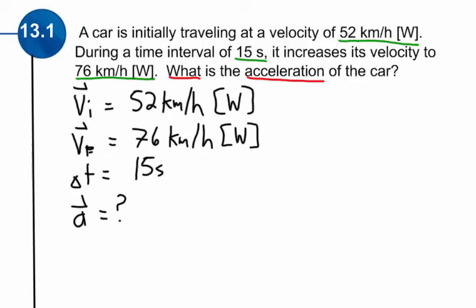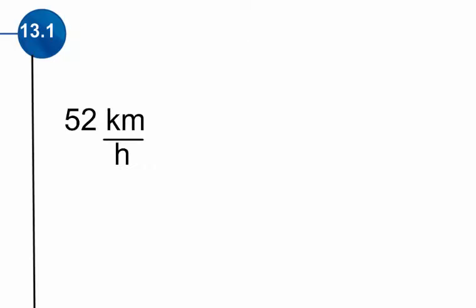Now, before we can move forward, we have to look at our units, because our velocity is in hours and our time is in seconds, and we don't really like that. So we actually want to take our velocity and convert it. Let's do a little bit of unit conversion here. 52 kilometers an hour. To do this unit conversion, all we have to do is take our kilometers and change them to meters, which is really just 1,000 meters.